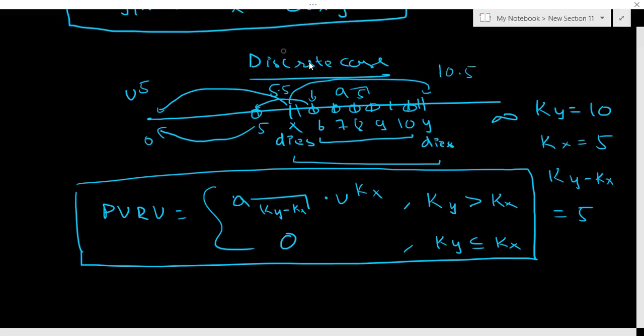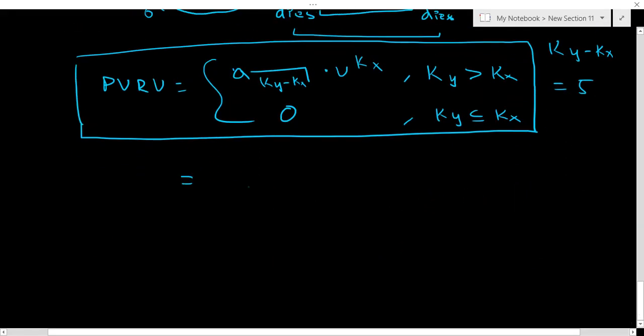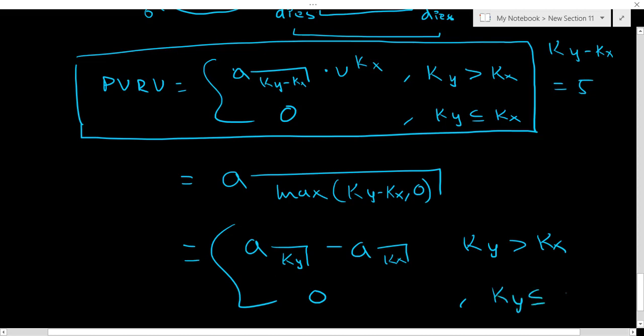So the other way I can express this again, if you will notice, this can be written as a maximum of ky minus kx, comma 0, that remains the same. And the third way is obviously a ky minus a kx if ky is greater than kx, and 0 if ky is less than or equal to kx.